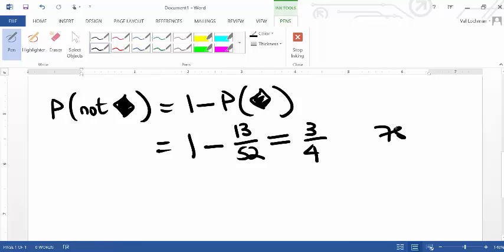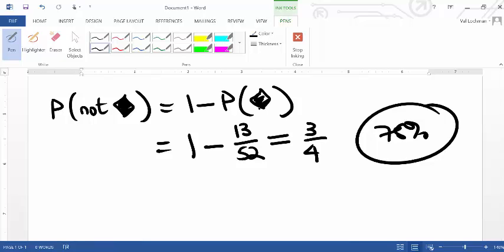Does it make sense? That's a 75% chance of happening. It makes sense because if you don't get a diamond, you either get hearts or clubs or spades, so that's the other 3 options. Now this example, you say, well, that's easy. And the answer is yes. This is just a simple example of using a complement, but there are examples where it's so much easier to compute a probability by doing 1 minus the complement.